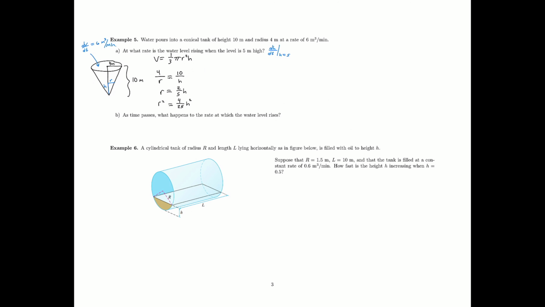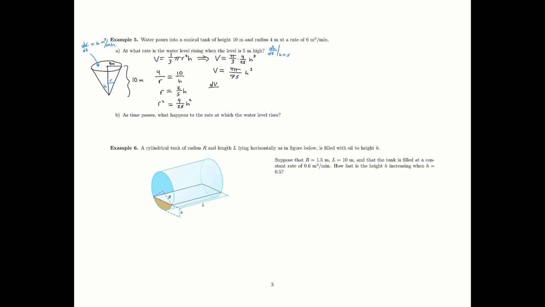And then we can import this expression in for the r squared. So this changes our volume equation into pi over 3, let's say, times 4/25 times h cubed, which we can even further combine into 4 pi over 75 h cubed.